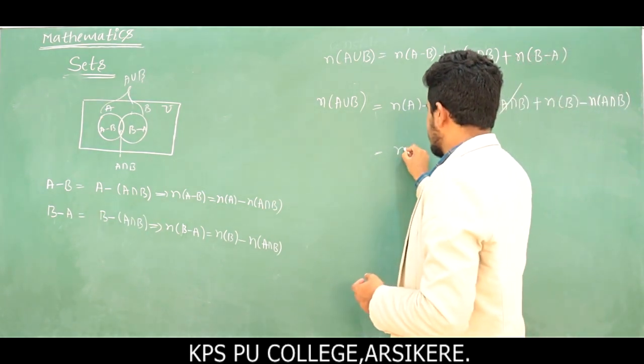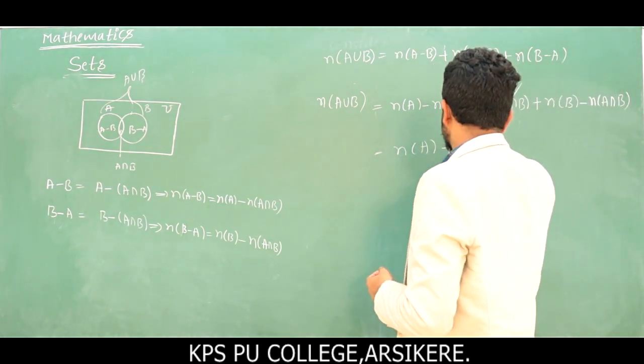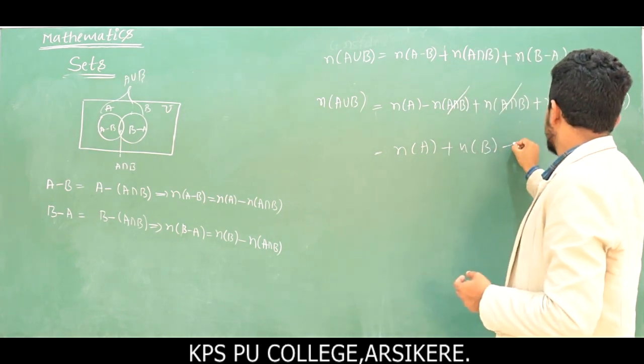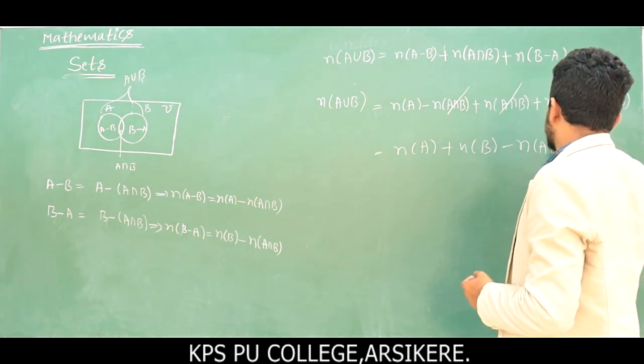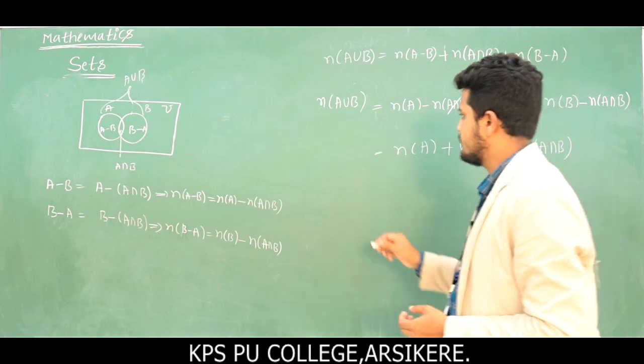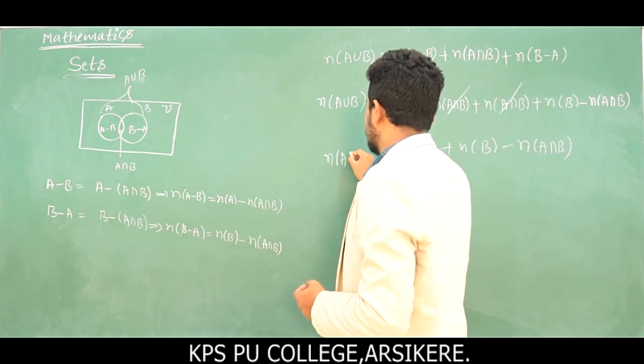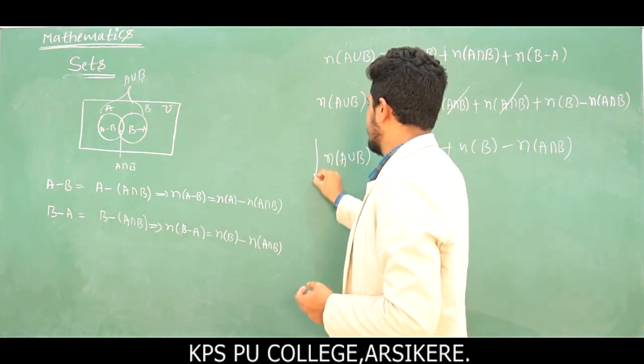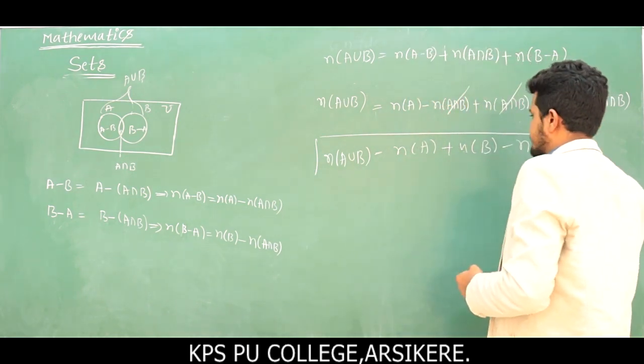So what is left: n of A plus n of B minus n of A intersection B is always equal to n of A union B. This formula is very very important.